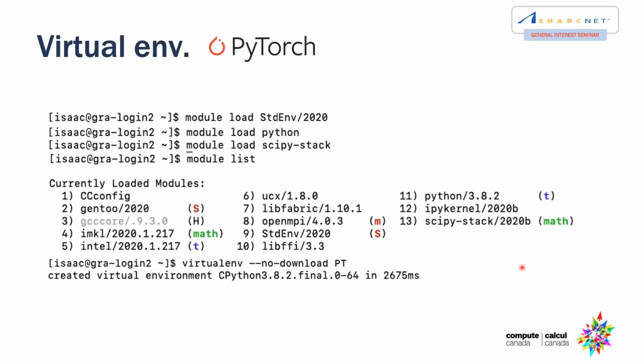So you better use STD ENV 2020 instead of 2016, which is the default in our Grace system. So you better load 2020, and Python and SciPy stack. SciPy stack is the stack supporting NumPy, Pandas, those kinds of things already stacked up in that module. So if you load the SciPy stack, you don't need to call matplotlib or sklearn, those kinds of things are all included. So don't worry about it.